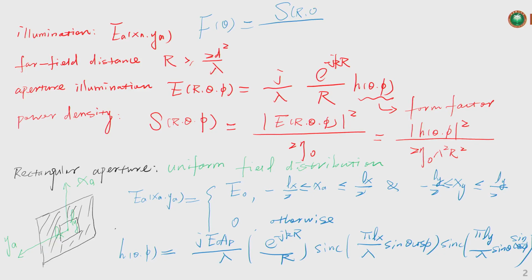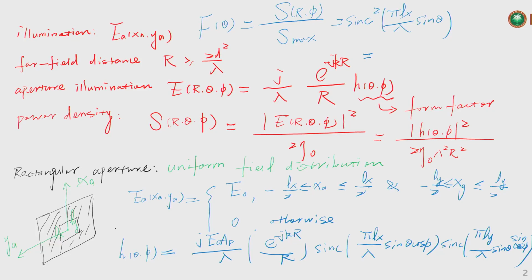And we set phi equals 0, right, along the x-axis. So the power density, the maximum, right? It can be expressed as sinc squared of pi Lx over lambda sin theta.